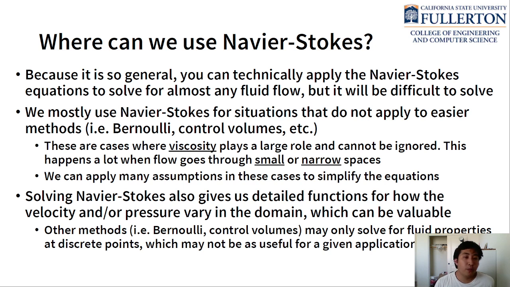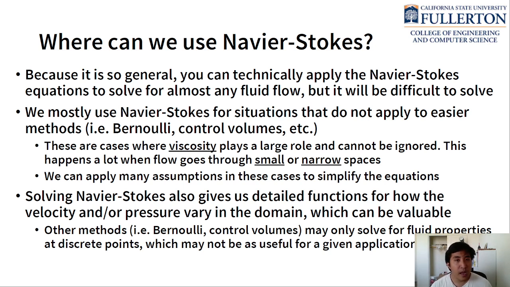And so if you recall from Bernoulli, you recall from control volumes, one of the big assumptions that we made back then was that viscosity, we can ignore it. But there's a lot of situations out there where viscosity can't be ignored, and you have to resort to Navier-Stokes to solve those equations. And practically speaking, most of the time when viscosity plays a large role, this is when the flow goes through a small or narrow space. Okay, but this works out really well for us. And so when both of those things apply, we can actually apply a lot of assumptions to simplify these equations.